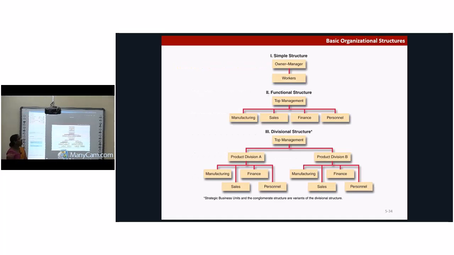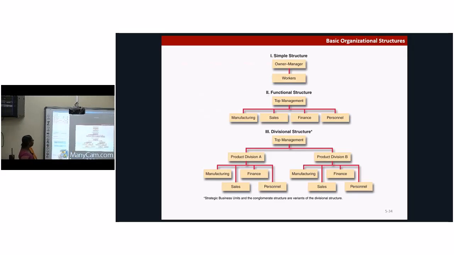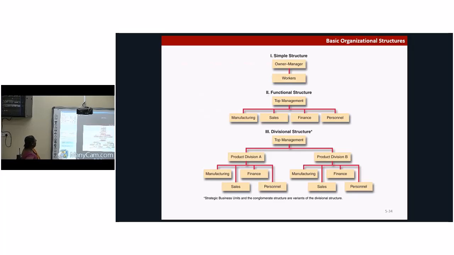So, simple structure: owner, worker. Then functional: manufacturing, sales, finance, personnel. Then divisional: product, division A, division B, then manufacturing, finance. So these are organizational structures.